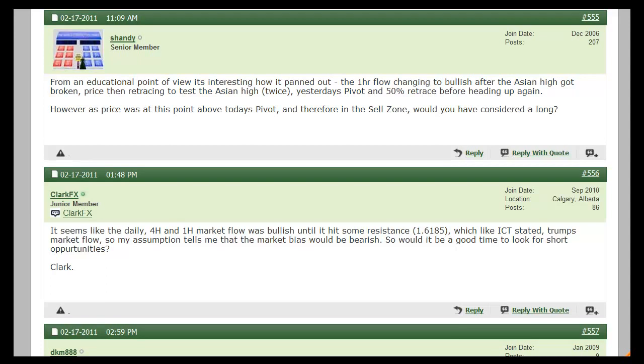Yeah, daily, 4 hour and 1 hour market flow was bullish, and resistance unfortunately trumps market flow. But again, this is an area where I wish there was a way for me to easily explain it, where it's a very easy process of doing this, this, and then arrive at the outcome.